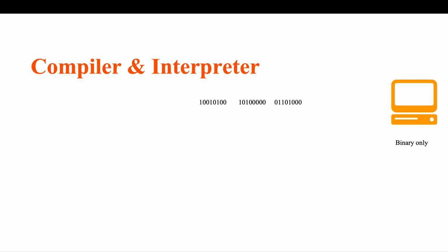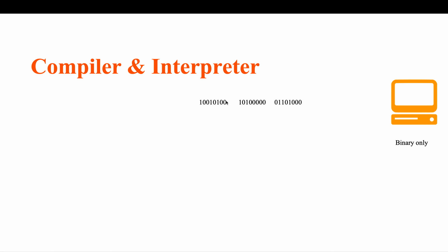And here I am trying to give an example. This is a very basic example. So let's say I want to add two numbers. Now if I consider the initial scenario where the computer understands only binary and we don't have access to any language, in that case I have to write the instruction in the machine code, and by that I mean binary code. In binary, everything is represented by 0 and 1. So I will write something like this.